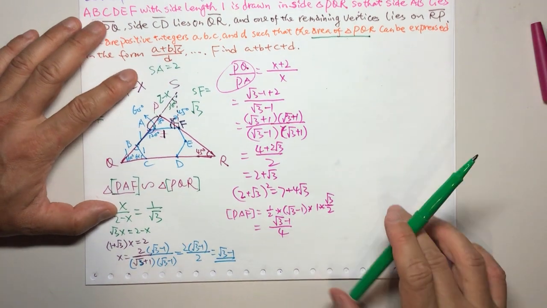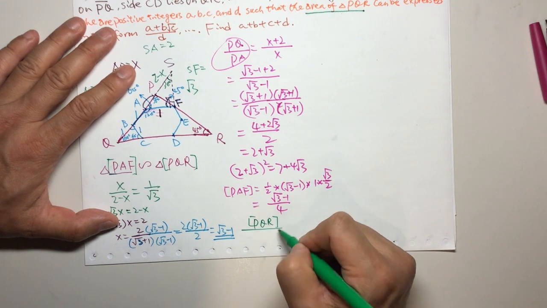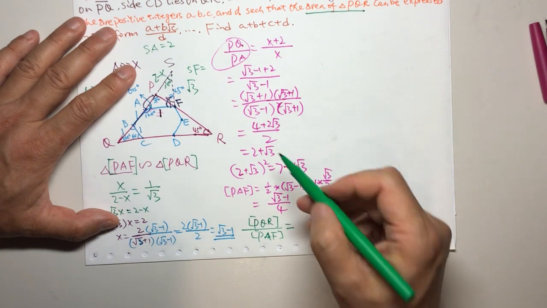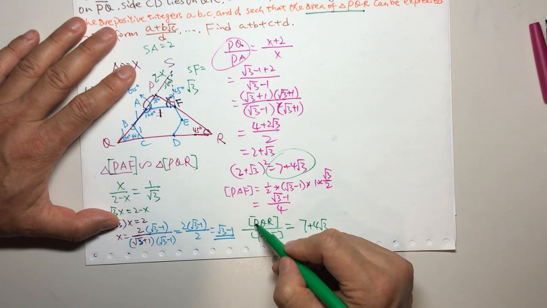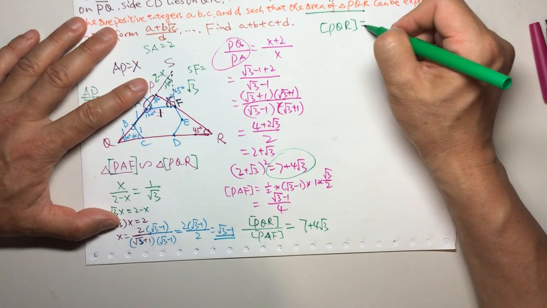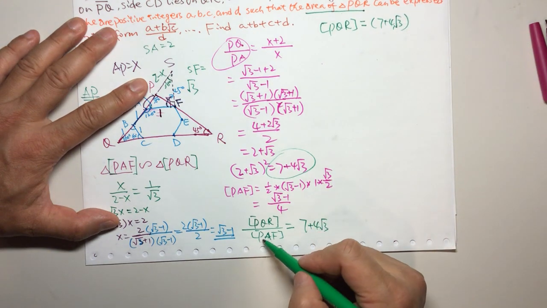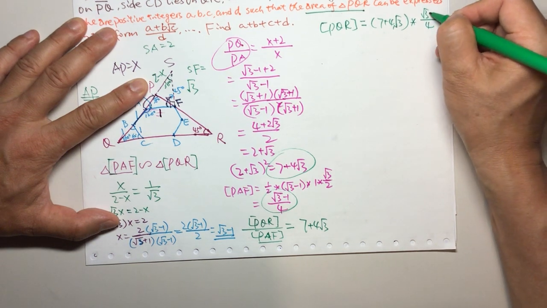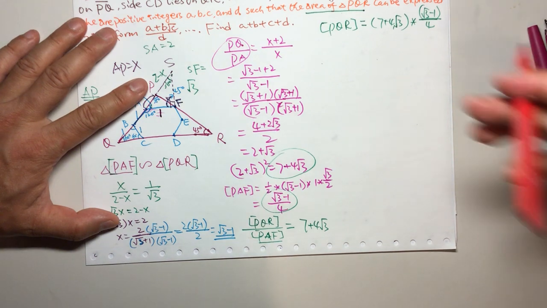Okay, according to this, the area of PQR over PAF equals 7 plus 4 square root of 3, right? So PQR, what we want to find, equals 7 plus 4 square root of 3 times PAF, that's this. Now, we just do the calculation.